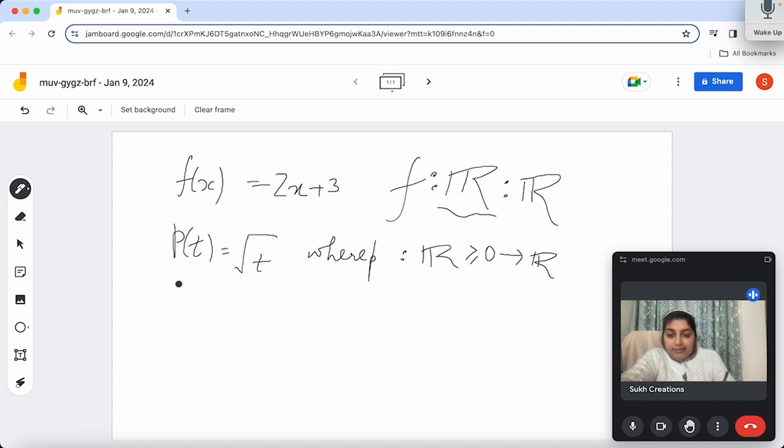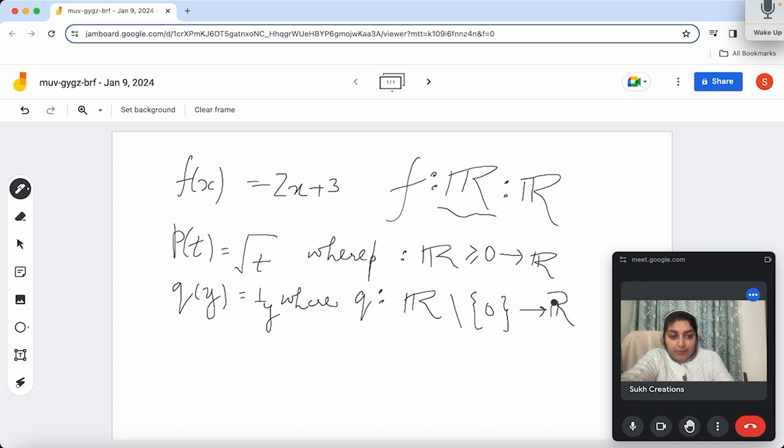Let's take another example where q(y) = 1/y, where q is defined over the domain R, excluding 0. Now why is 0 excluded here? Only one number had to be excluded, which is why we wrote it in curly brackets.